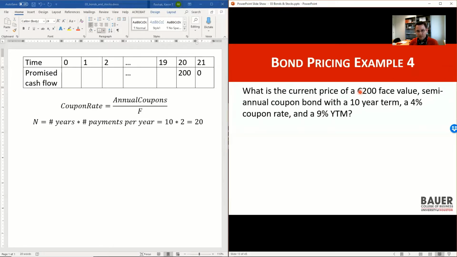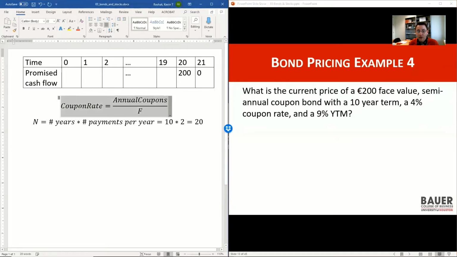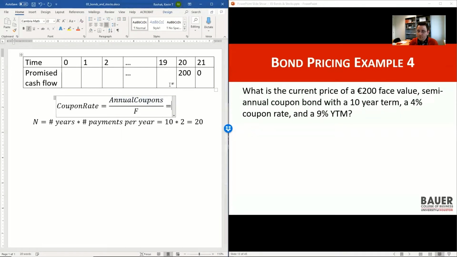Now we have to figure out the size of each coupon. Well, we go back to this equation. We know that the coupon rate is the annual coupons that we're getting divided by F. In this case, we're given the coupon rate of 4%. And we know F is the 200 euros. So that means that each year we're getting 8 euros in coupons.